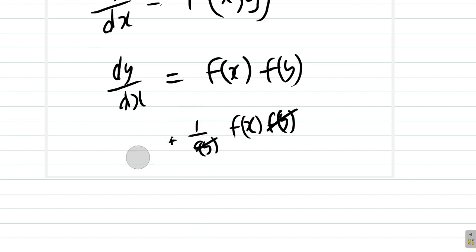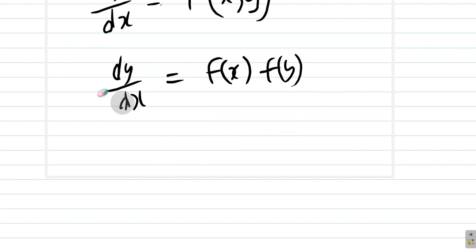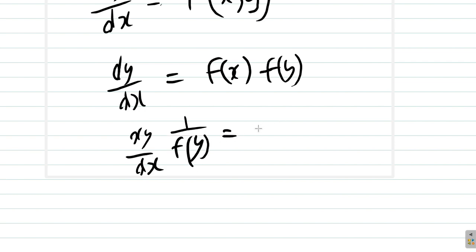Let me redo it. Let me just write over the whole thing. You divide by f of y, so you have dy by dx times 1 over f of y equals f of x, because f of y would be over f of y and they cancel, right?